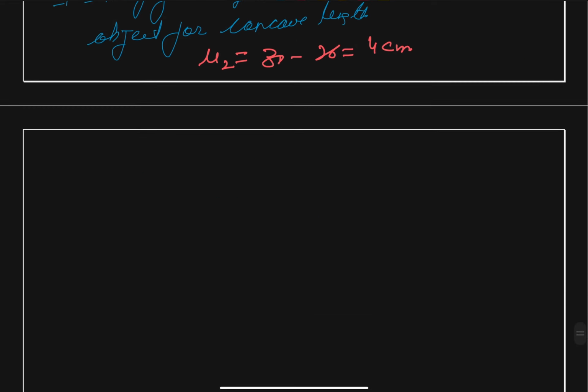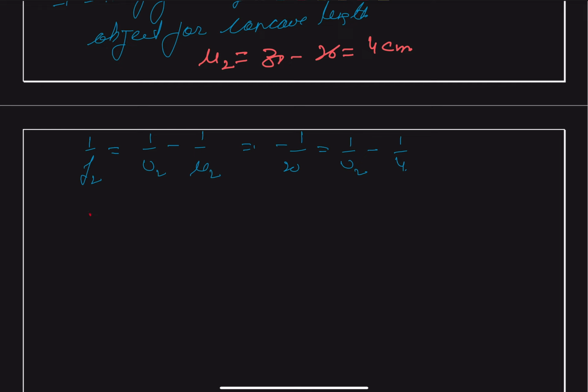Now we can use the formula that 1 upon F2 will be equal to 1 upon V2 minus 1 upon U2. And we substitute the values, we get this as minus 1 upon 20 is equal to 1 upon V2 minus 1 upon 4.